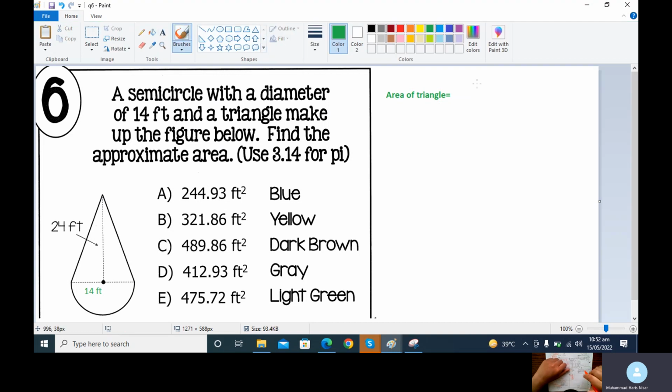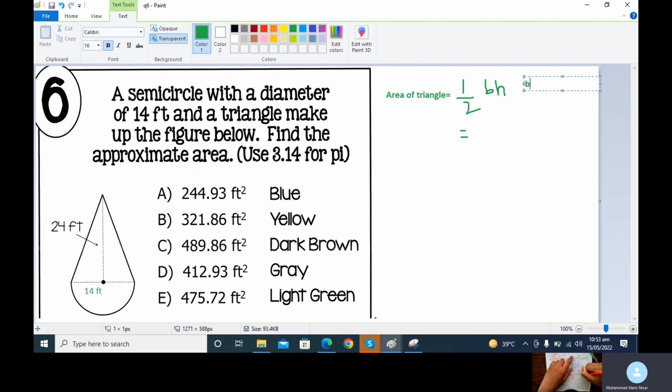Do you remember it? 1 by 2 b into h, where b is obviously the base and h is the height. So write it here as b is equal to base, h is equal to height.